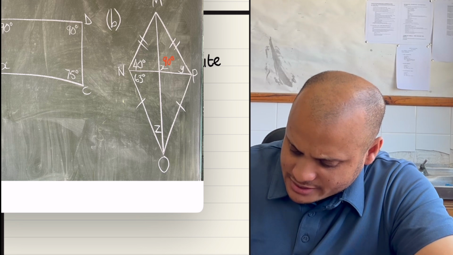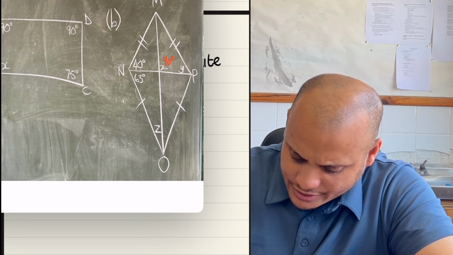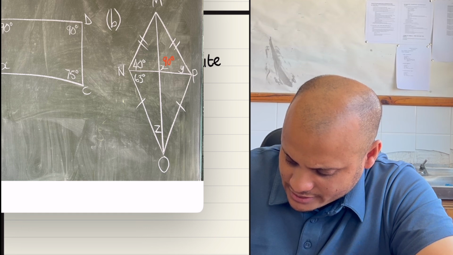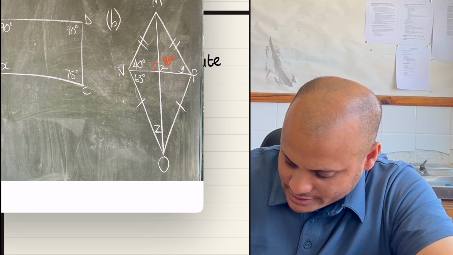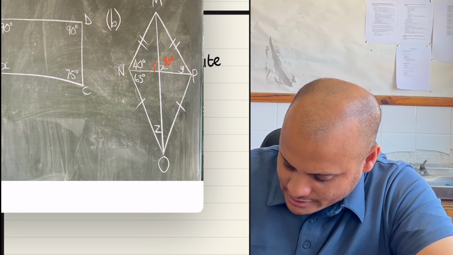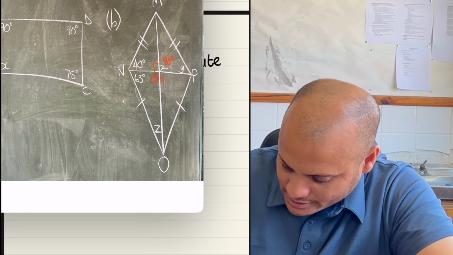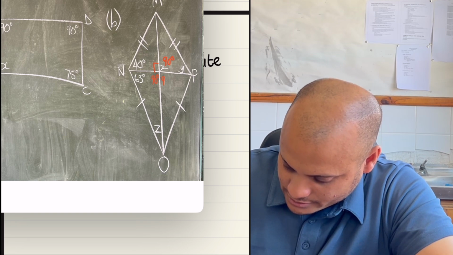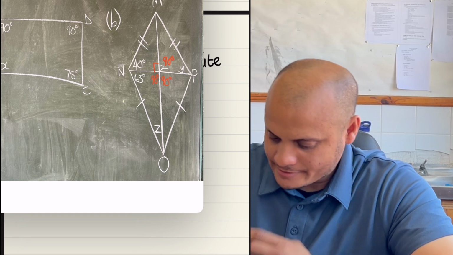Right, so that means that, because it's going to help me maybe a bit later, I could say that that's 90, this is 90, and that is 90.